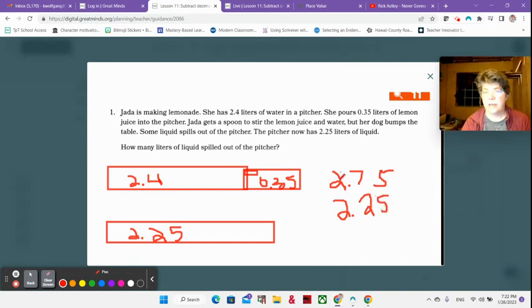So we can see we have 2 ones, and 2 take away 2, that would be 0. Then we have 75 hundredths and 25 hundredths. So we know that 75 take away 25 is 50, right? So that looks like 5 tenths or 50 hundredths left there. Maybe you did it mentally. Maybe you did it in vertical form like I did.